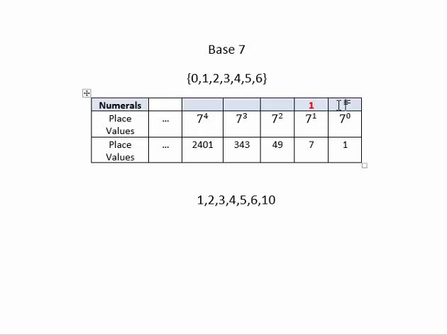A 1, 0 in base 7 is 1 seven and no 1s. So that's 7. For 8, I would add one more 1. So that's 8, 9, and finally 10. So in base 7, the number 1, 3 is 1 seven and 3 ones.